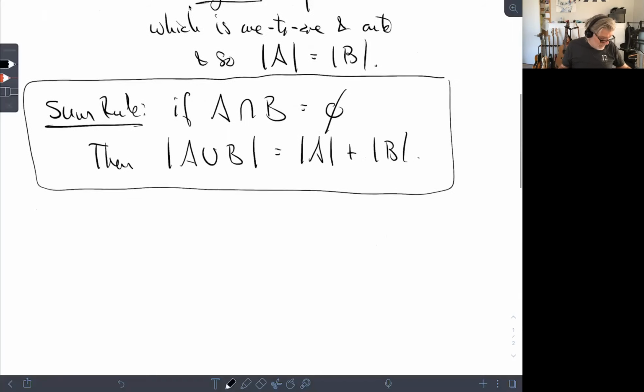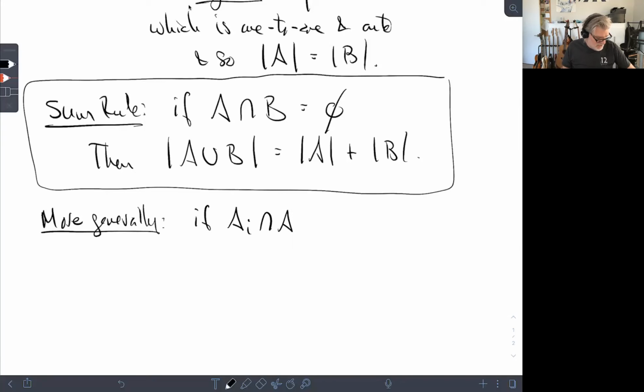More generally, we have the following version: if you have more than two sets, you can still do the same as long as they're all disjoint.